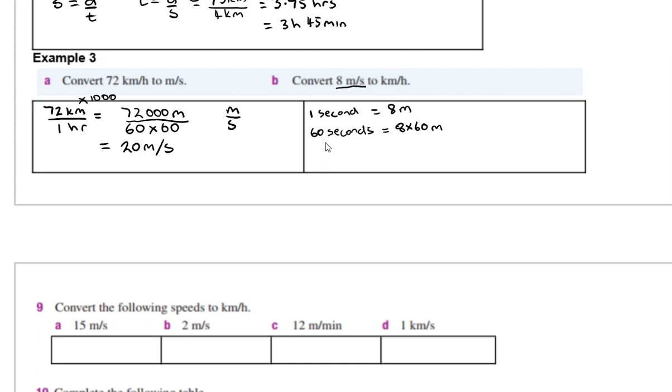And so 60 seconds to 1 hour is timesing by another 60, so 8 times 60 times 60 meters.